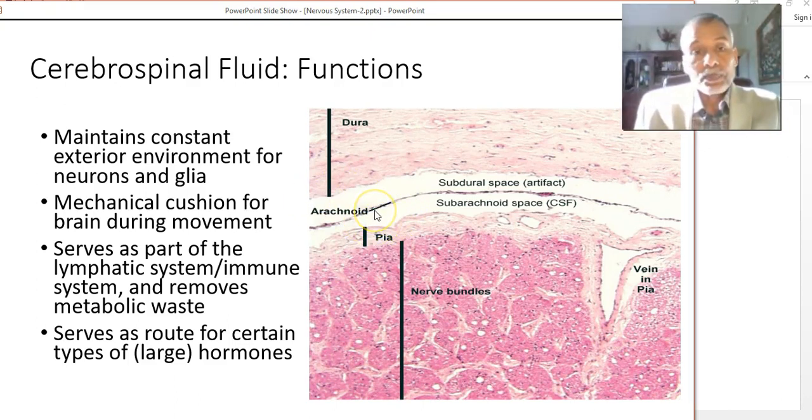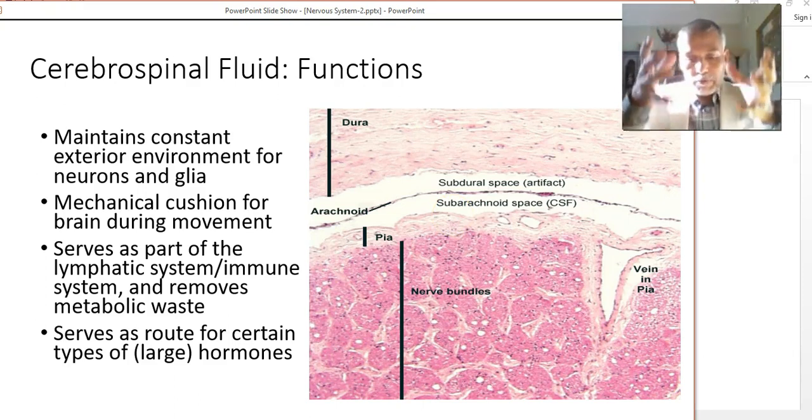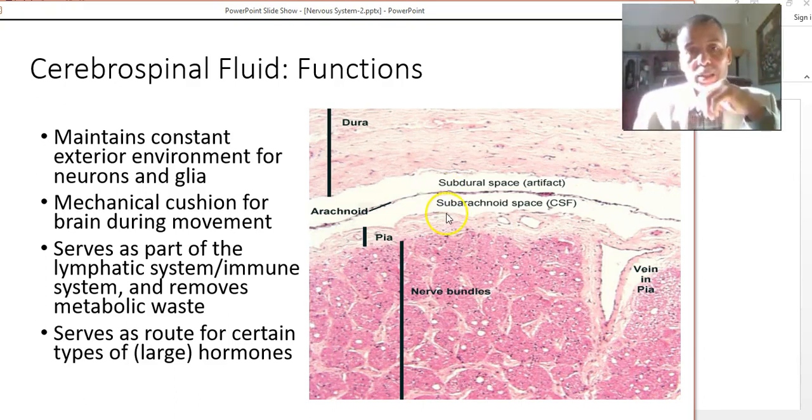In addition, it serves all of this because it is surrounding the entire spinal cord and the brain. It is almost like you have them floating in water, swimming in water, and as a result, you are cushioning them against harm and movement and so on.